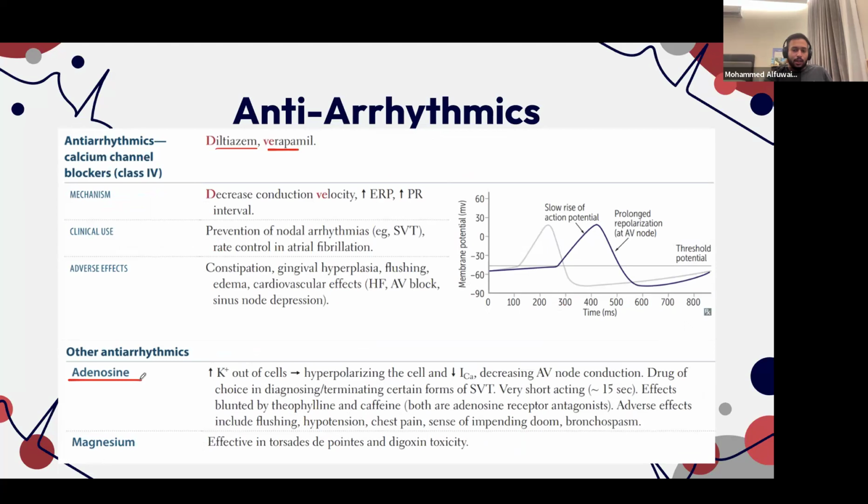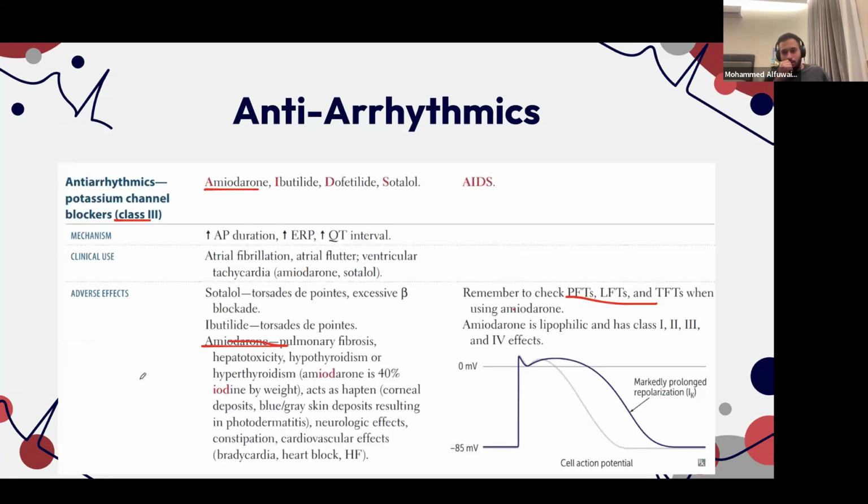I just want you to remember that adenosine is very important because what arrhythmia can you treat with adenosine? SVT. Good. Now, what is the first step in management in patients with SVT? What can you do for the patient?